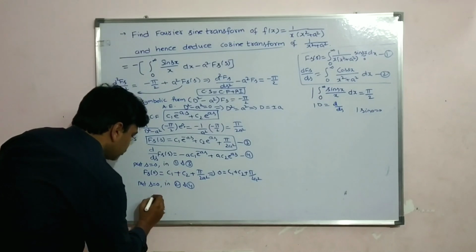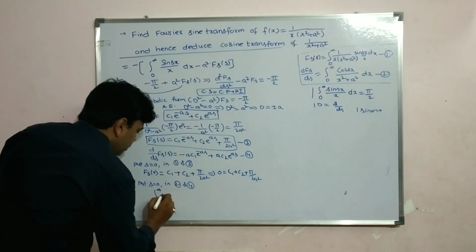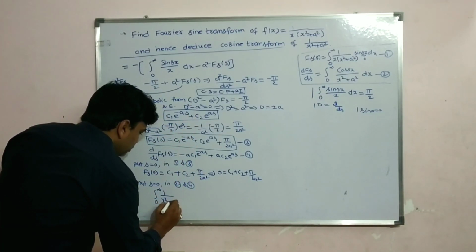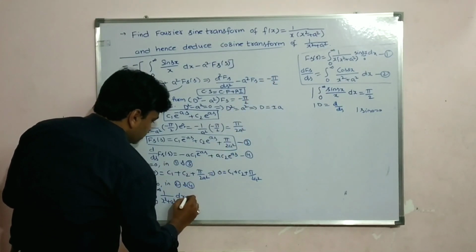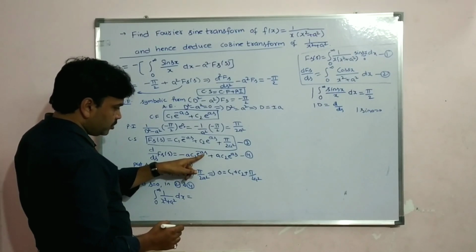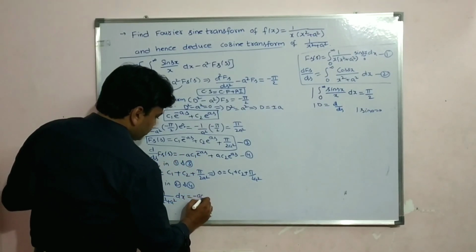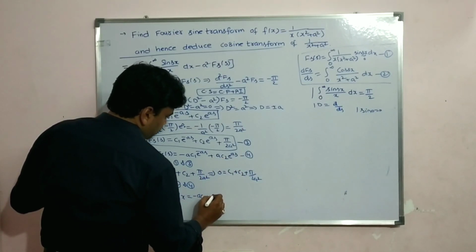So I can write the integral 0 to infinity, cos 0 value is 1, so we get 1/(x²+a²) dx, that is equal to, s value is 0, so we get −ac1 + ac2.